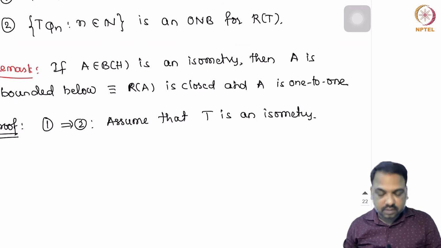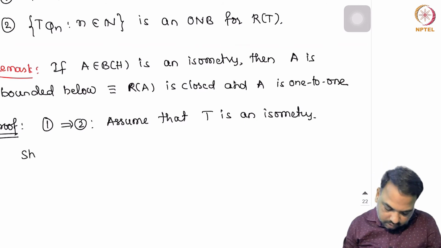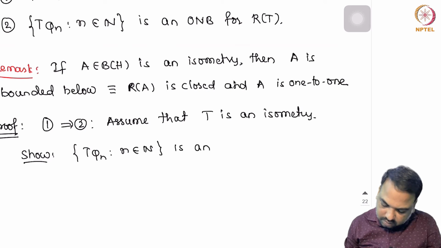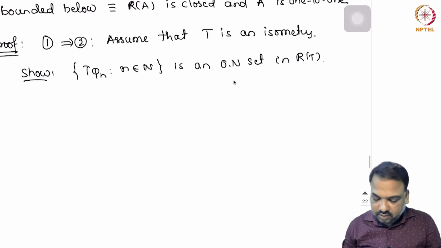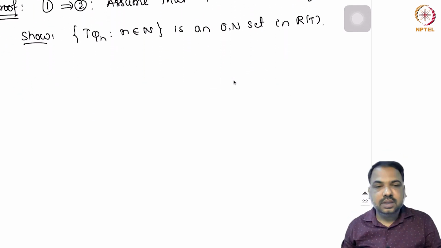So here also, we have already shown that T phi n is an orthonormal set in the range of T. Next thing we want to show is that it is an orthonormal basis.